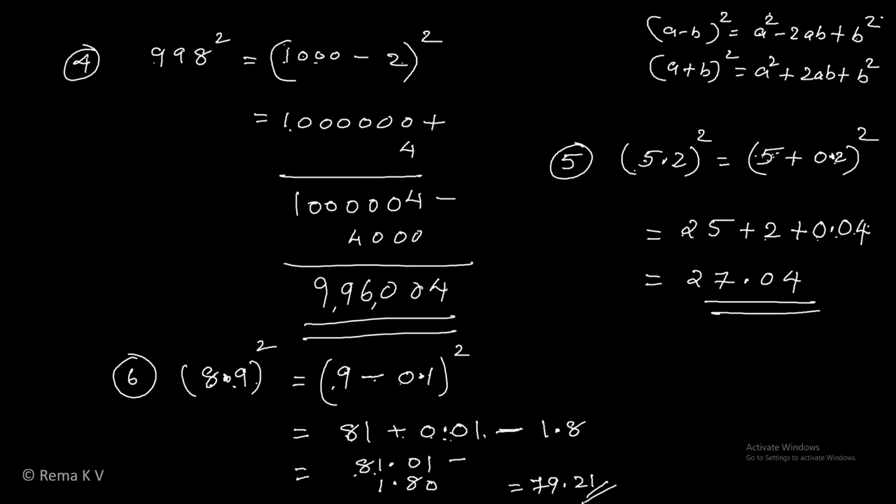Okay, 79.21. You can write this as 9 minus 0.1 or you can write this as 8 plus 0.9.